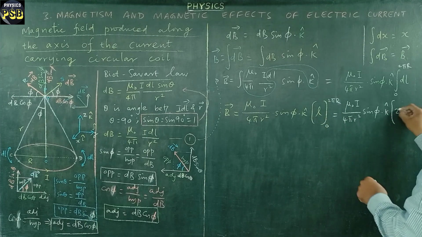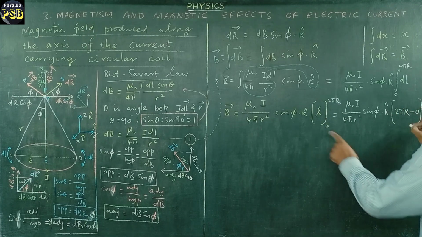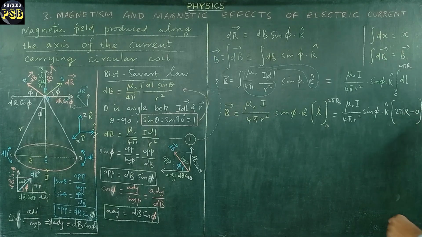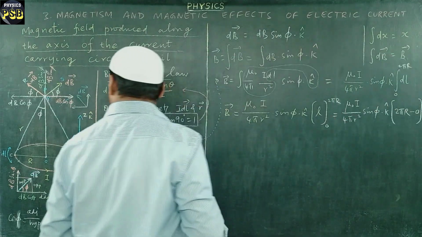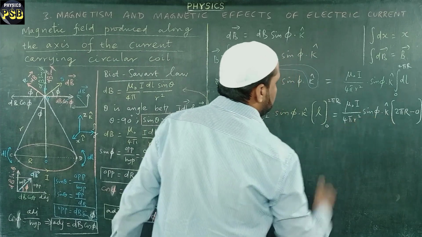In the place of l here is 2 pi r, then minus the lower limit. In the place of l here I write the lower limit 0. This is what I get. Right? Now I don't know what is the value of sin phi that I mentioned.